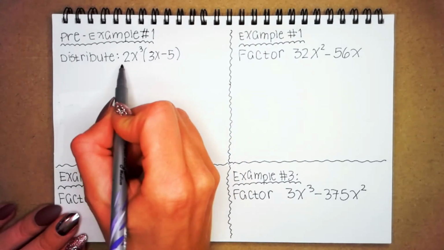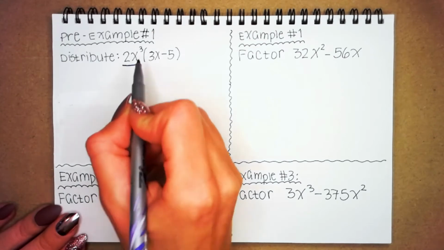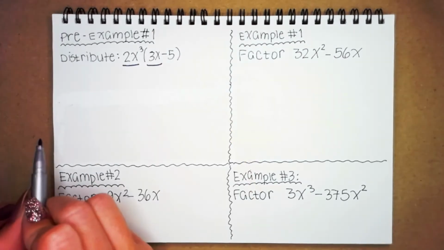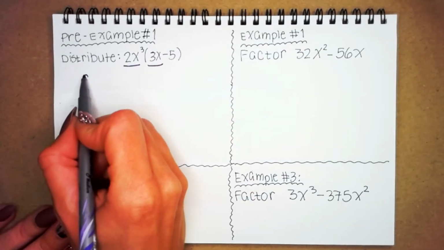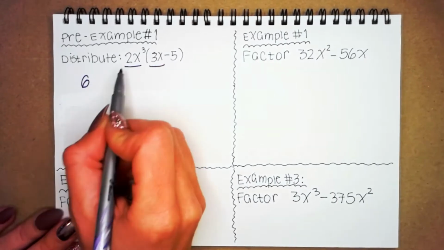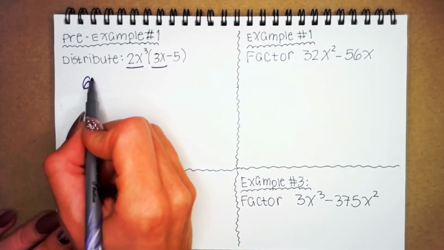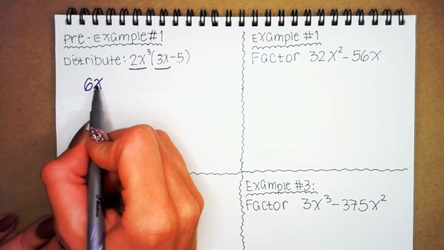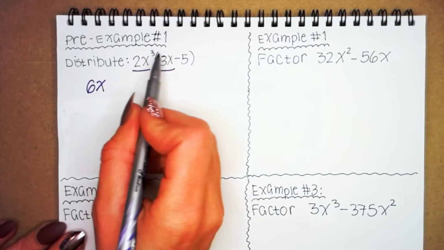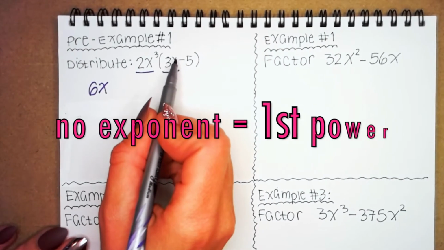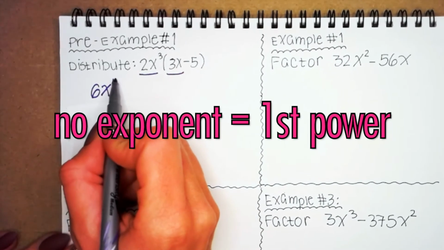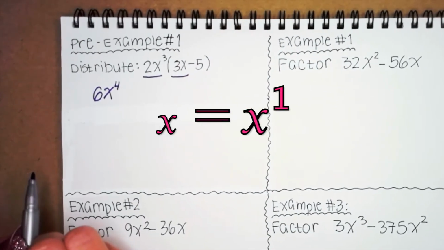Now, let's multiply. If we took care of this 2x cubed by first multiplying it by the 3x, we would see we have 6, the 2 times the 3, x to the, that's the 3rd power. No exponent means 1st power, so 4th power.